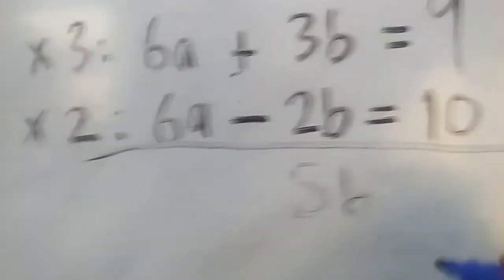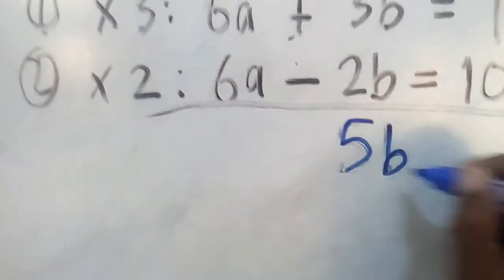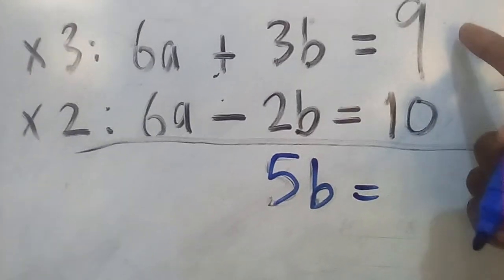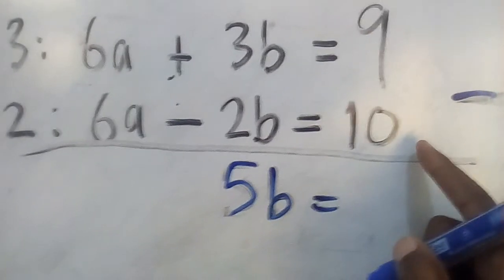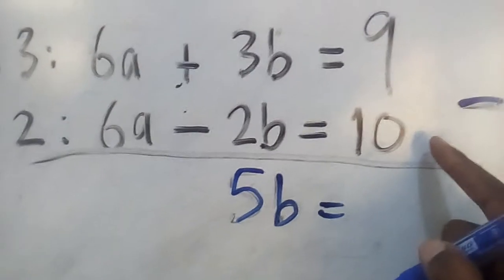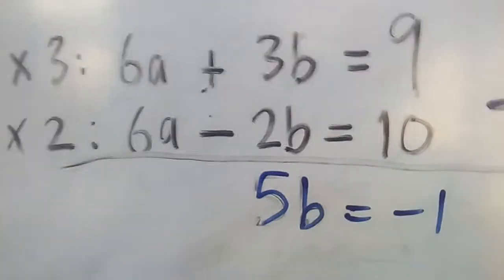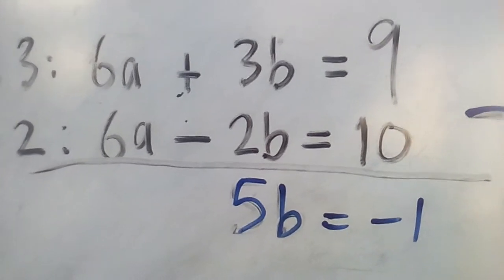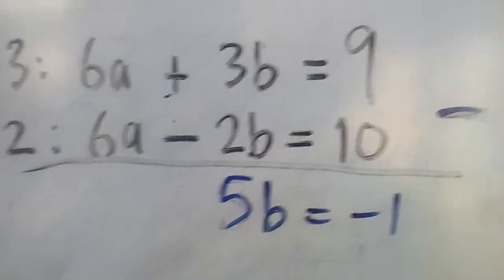Okay, so that will leave me with 5b right here, and on this side I would have 9 minus 10, and that would be minus 1. So we have 9 minus 10 being minus 1.